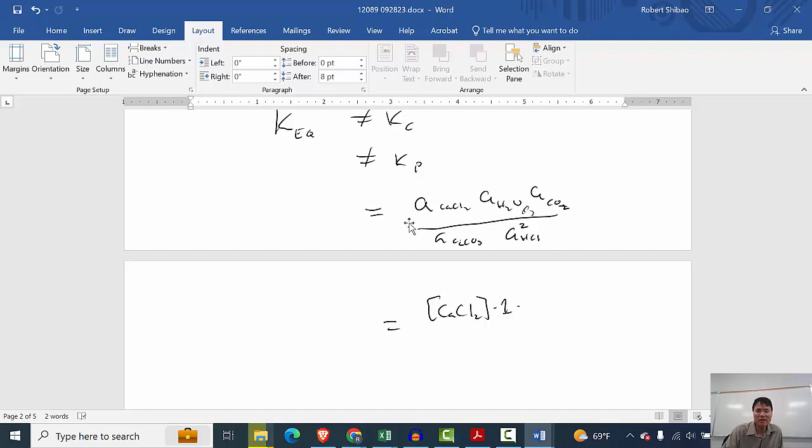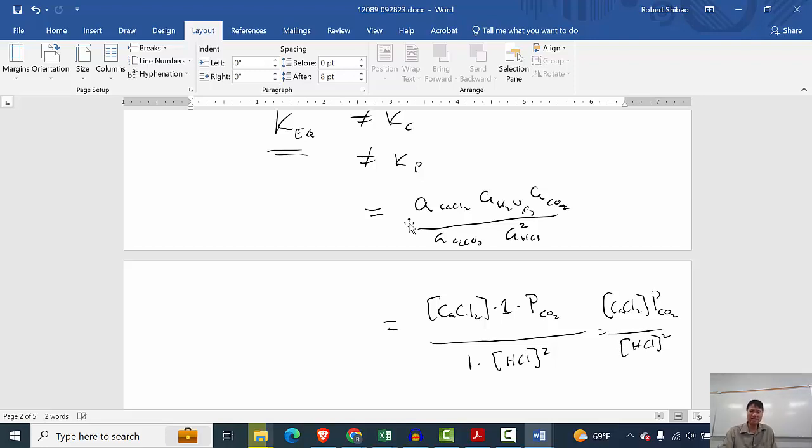The activity of a gas depends on its concentration or its pressure. In thermodynamics, this is the thermodynamic equilibrium, it's going to depend on its pressure. So this will be the pressure of the CO2, divided by the activity of calcium carbonate, which is 1, and divided by the activity of HCl, which is going to be the concentration of HCl squared. And so we just get calcium chloride times the pressure of CO2 divided by the HCl concentration squared. Kcs are all concentrations, Kps are all gases. This is mixed. And so this is neither Kc nor Kp.